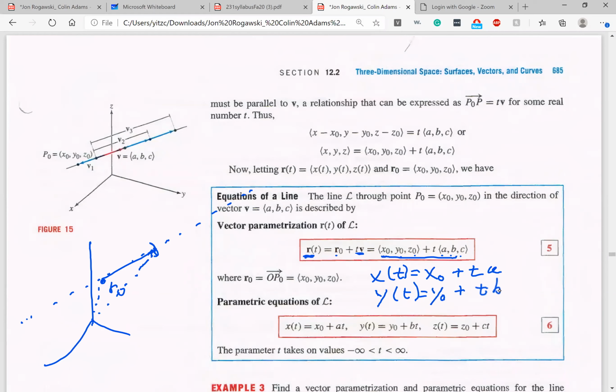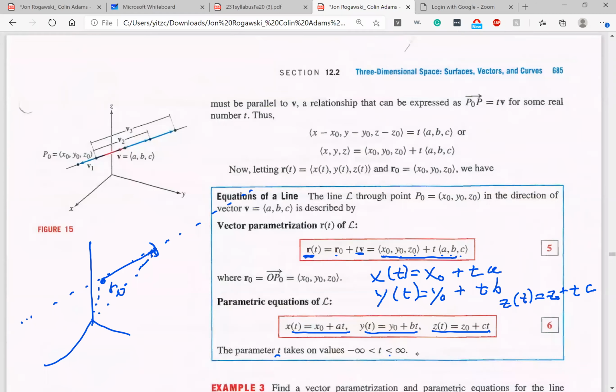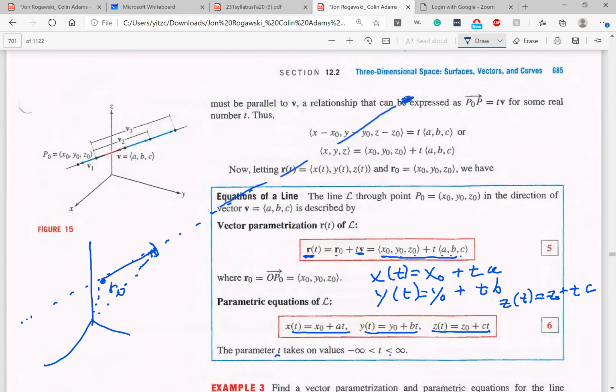And our z of t is going to be equal to z naught plus tc. So that's what we have over here: x of t is equal to x naught plus at, y of t is equal to y naught plus bt, z of t is equal to z naught plus ct. And then t takes values from negative to positive infinity. As t gets very positive, we're going to go along the line in that direction. And as we go negative, we're going to go in that direction.